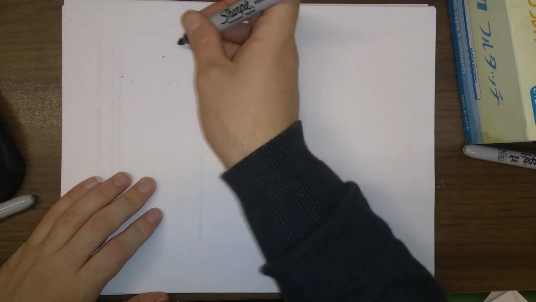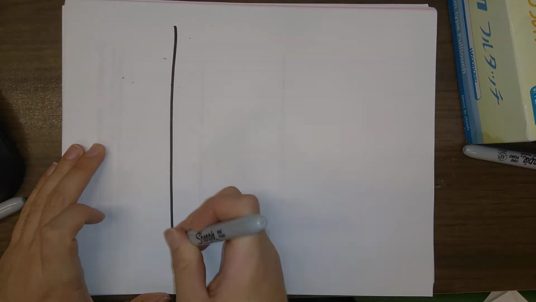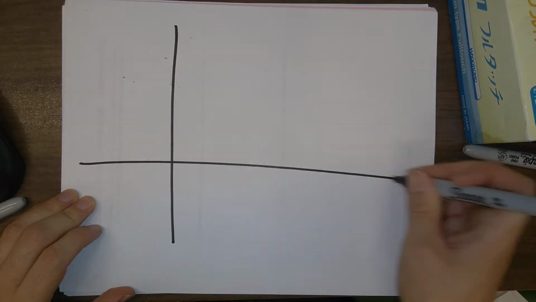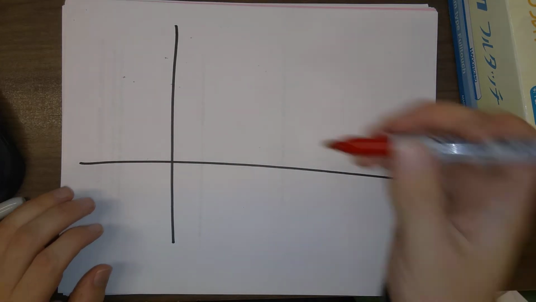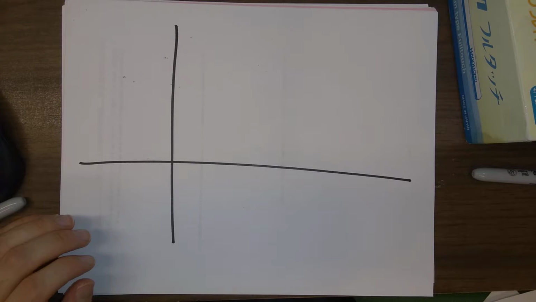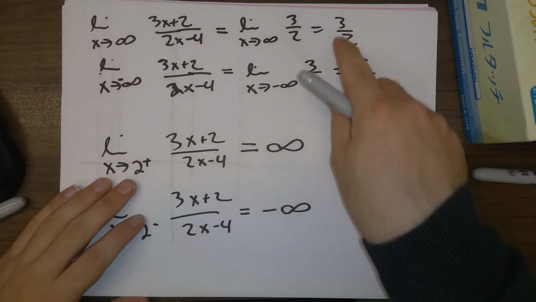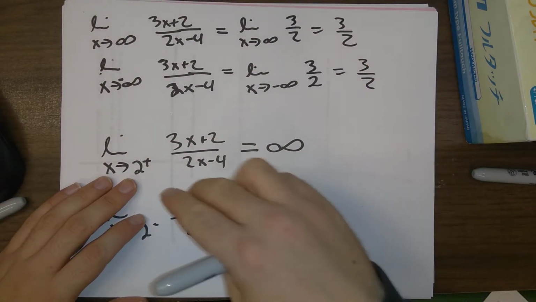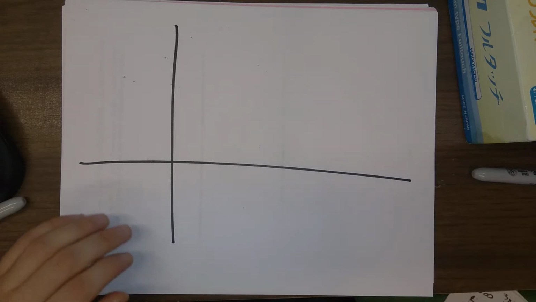And so for our nice pretty chart, let's draw some axes. And so what do we know? Well, let's draw on our asymptotes. So we have a horizontal asymptote at 3/2.